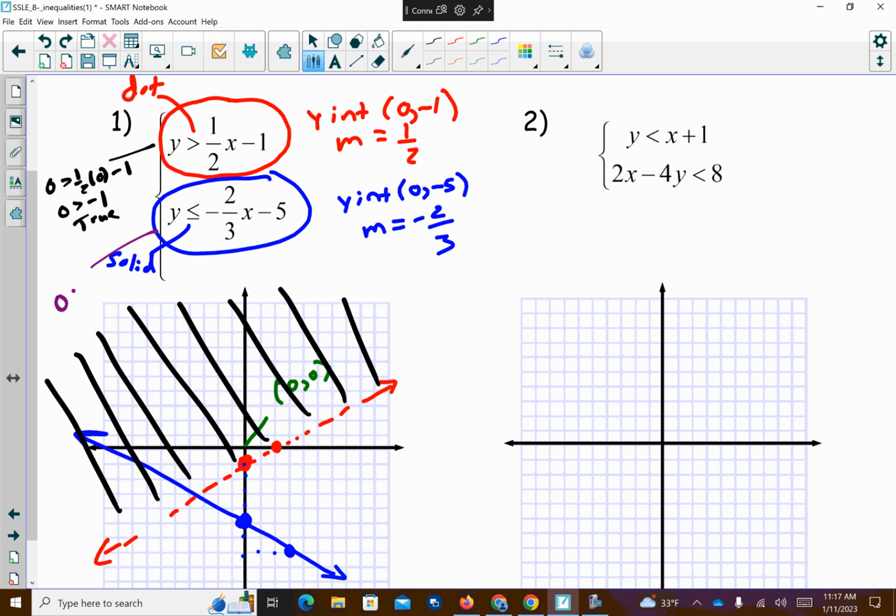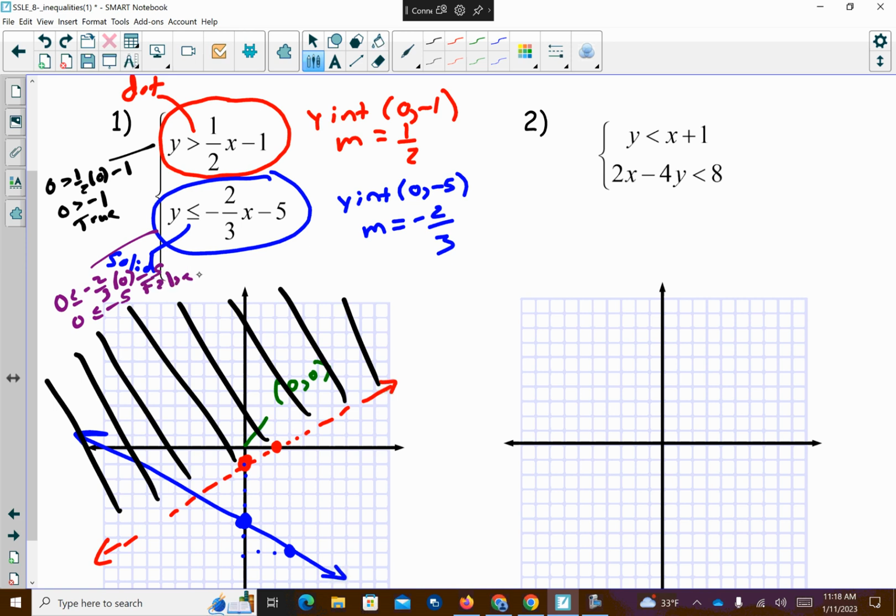So I get 0 is less than or equal to -2/3 times 0 minus 5. What's -2/3 times 0? So is 0 less than -5? No, this is false. Okay?